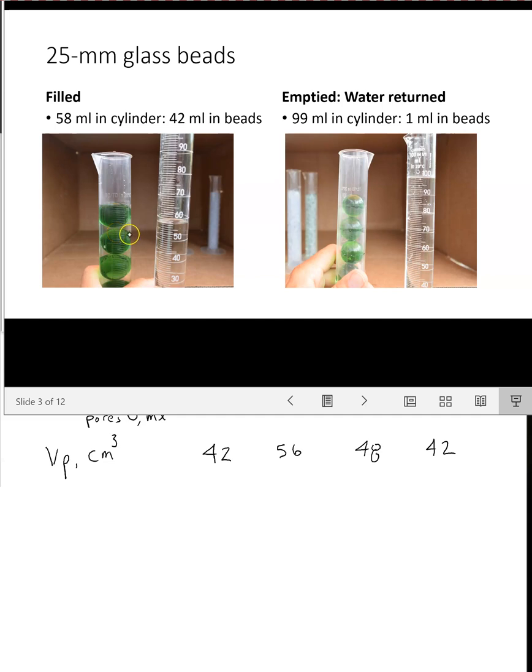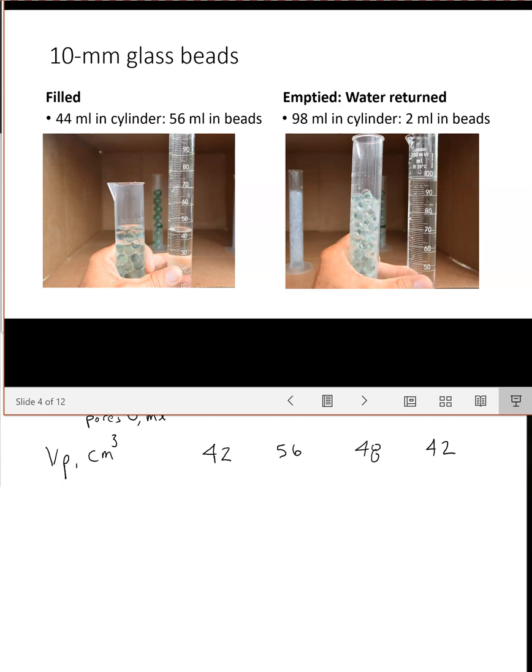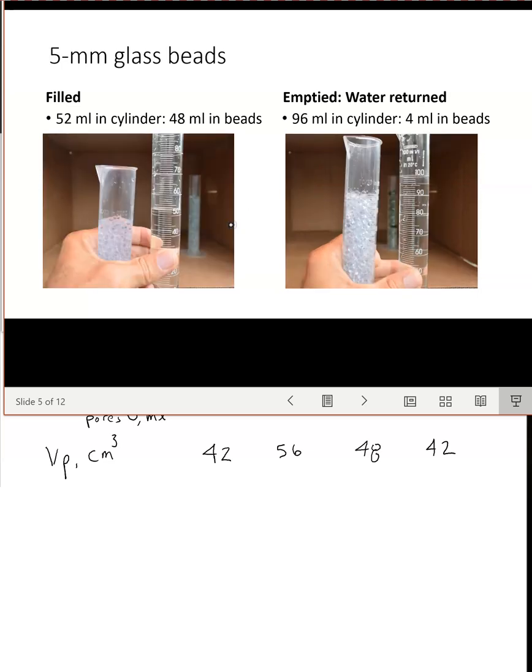Then we took the water and we poured it from the beads back into the graduated cylinder. And when we did that with our 25 millimeter glass beads, almost all of the water went back into the graduated cylinder. With the 10 millimeter glass beads, it was a slightly different story, but most of it came back.